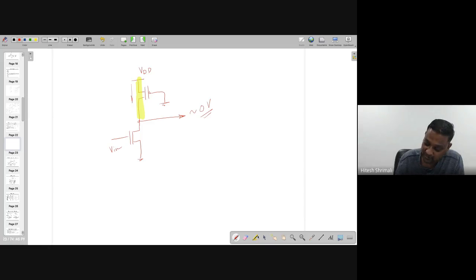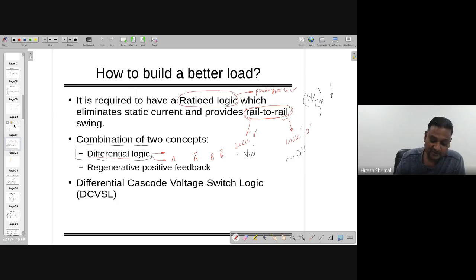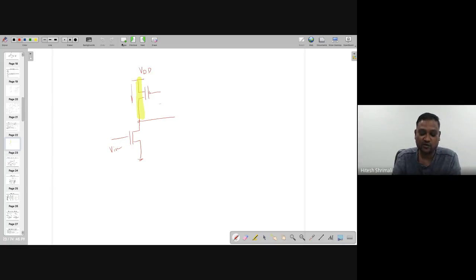So I need to make sure that this transistor is going to become off sometime when it's required. For that I have two techniques. One is called differential logic and one is called regenerative positive feedback. Let's understand how it's going to be useful.